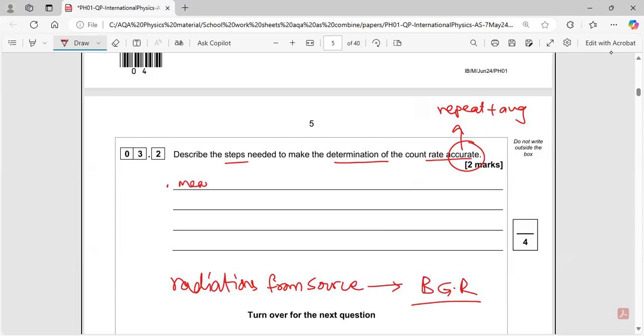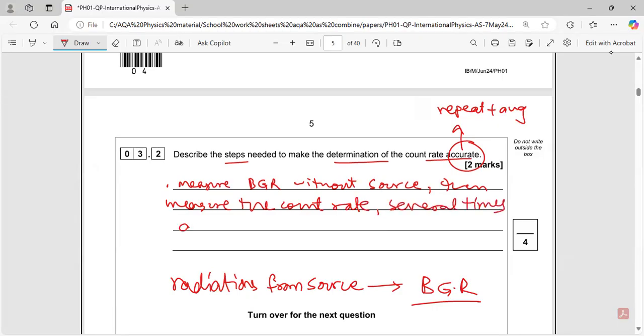So we will say, I'm using the abbreviation, measure background radiation without the source, like don't place the source and measure the background radiation, then measure the count rate several times and subtract background radiation and average.